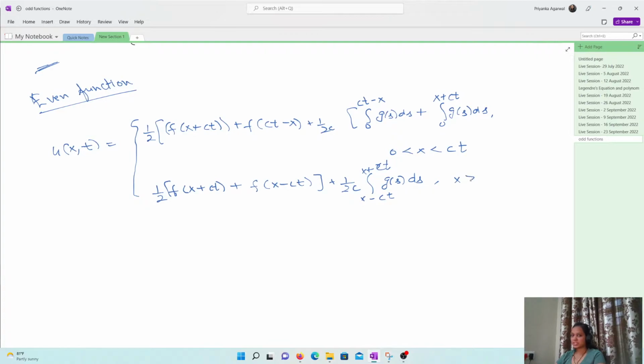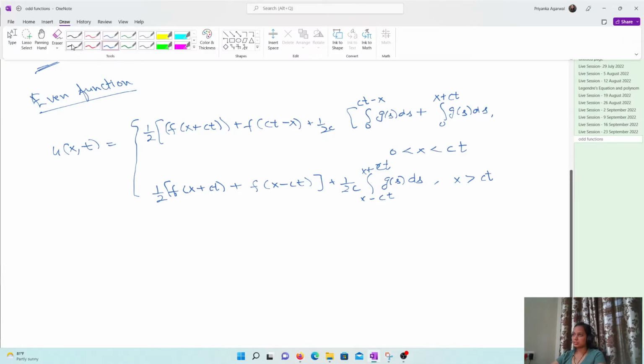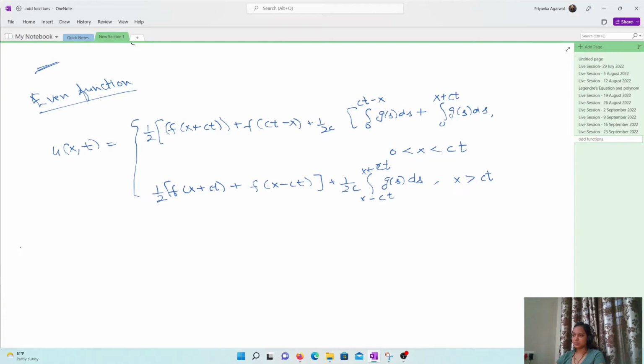This is the case when x is greater than ct. Okay, so this also has been shown in the lecture how to arrive at this. So basically, let's just jump to questions now with this background.